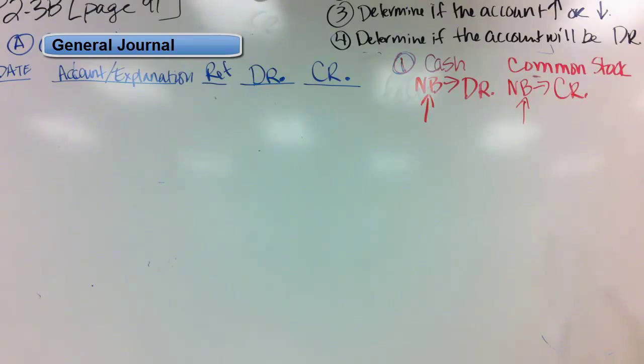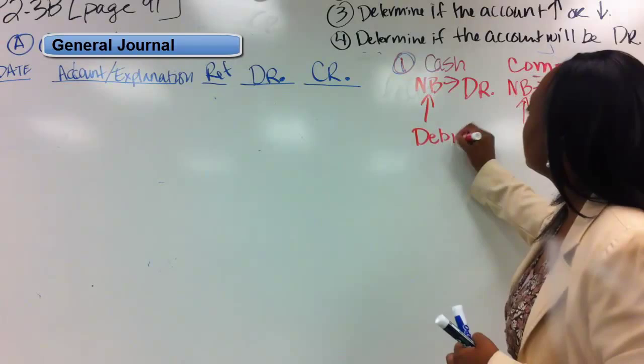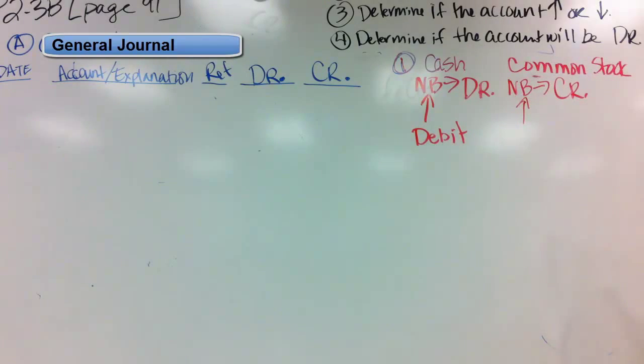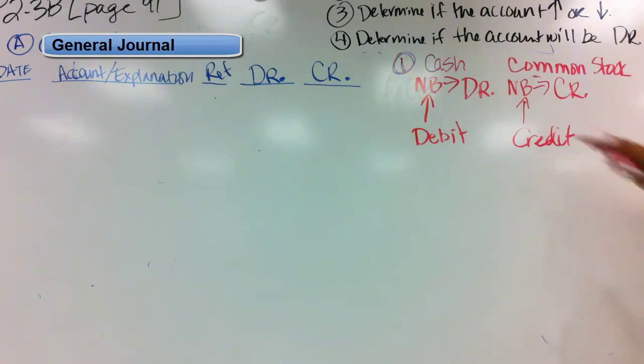So this is going to be a debit. And for the common stock, are we going to debit or credit it? We're going to credit it. Reason being, normal balance is credit, the account is increasing, so the same side as the normal balance. Any questions on that? This is the stuff we're doing in our head, analyzing.